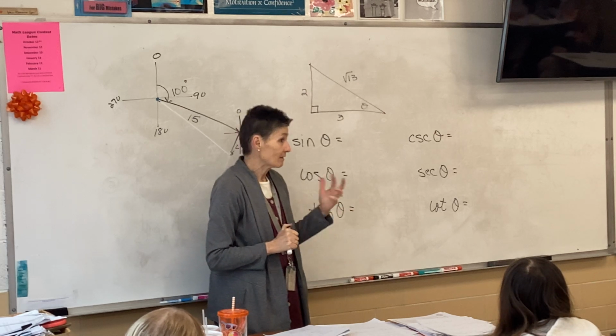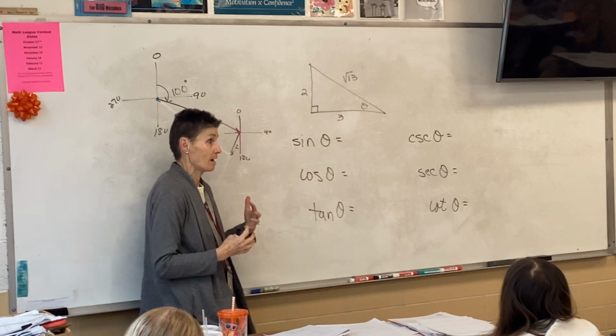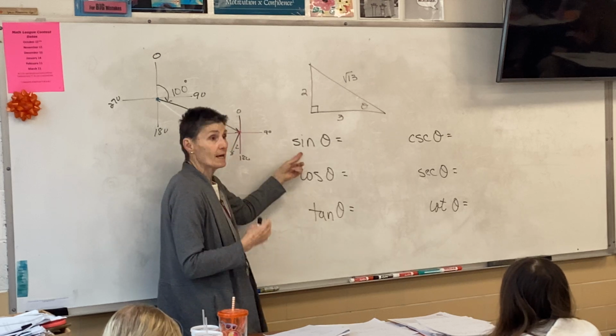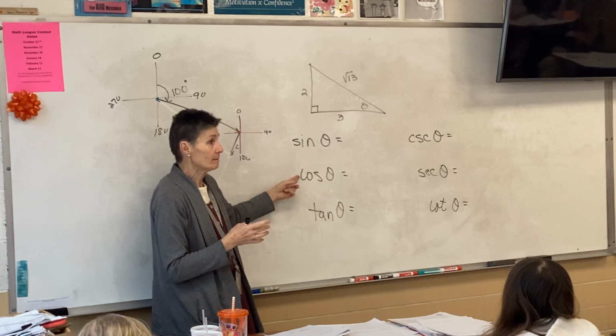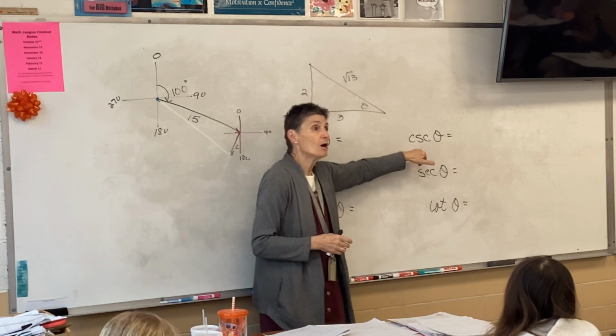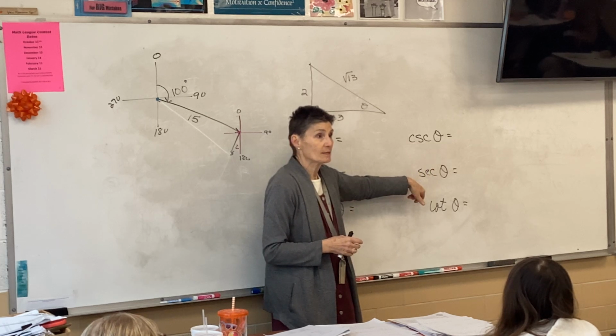And I told you you didn't have to memorize by today, but you need to start learning this stuff. So you need to start learning, first of all, SIN is the abbreviation for sine, cosine, tangent, and then their reciprocals, cosecant, secant, and cotangent.